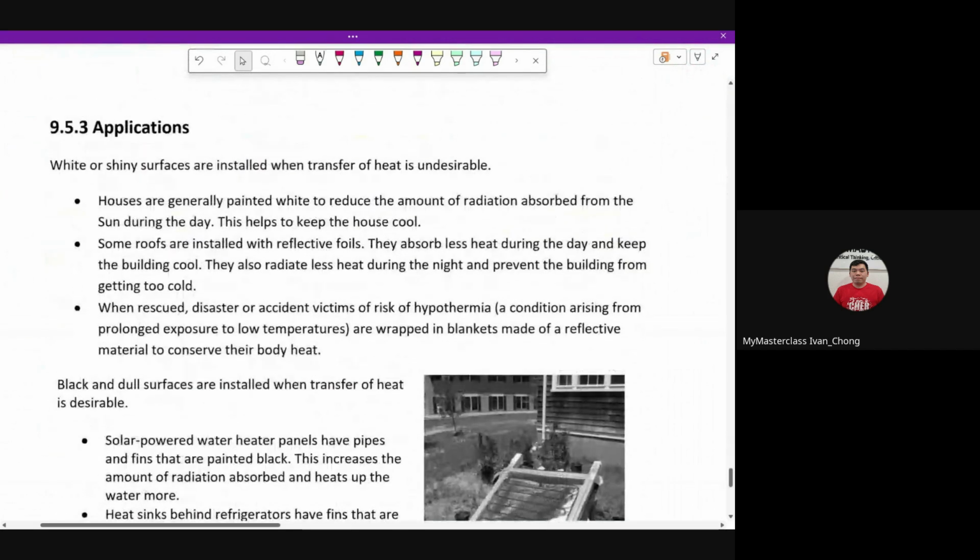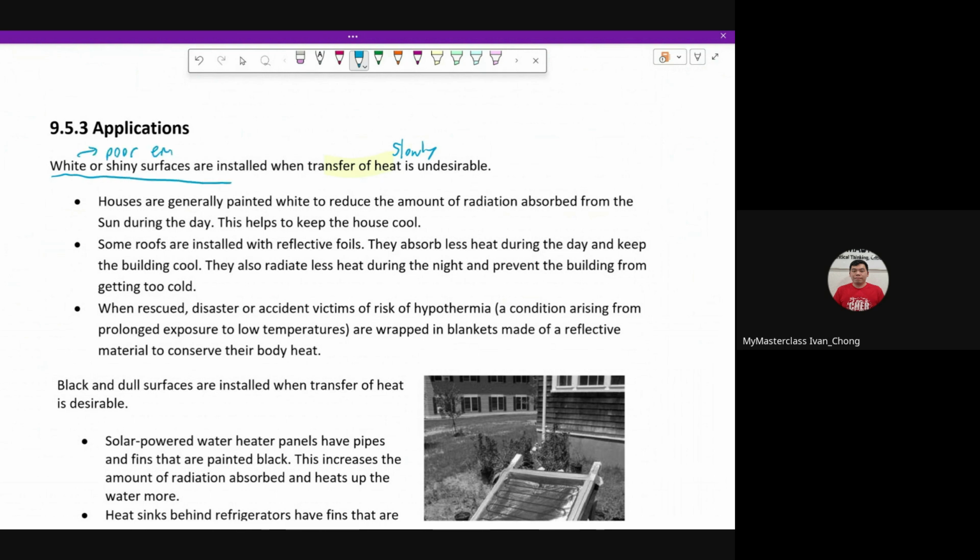Okay? So for applications, when you want to transfer heat slowly, we will use poor emitters or absorbers of radiation.